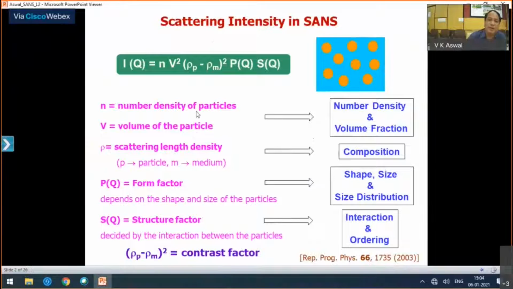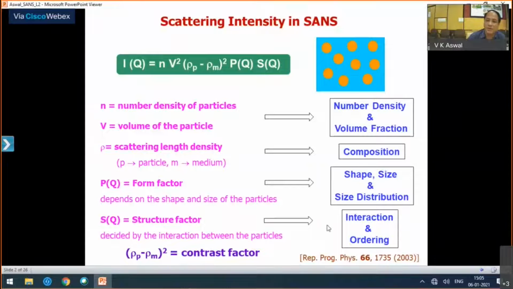So once you have these equations, then as I said in the last lectures, you can get a number of information about your system of interest. For example, you can get number density and volume fraction by combining N and V. Then from contrast, you can get the composition of the system, and from the form factor, you get the information about shape, size, and size distribution of the particles.